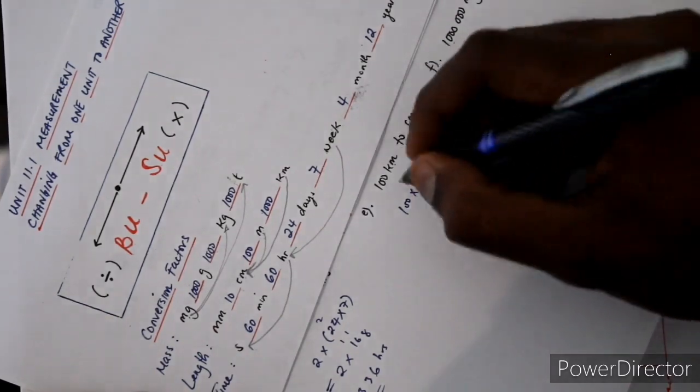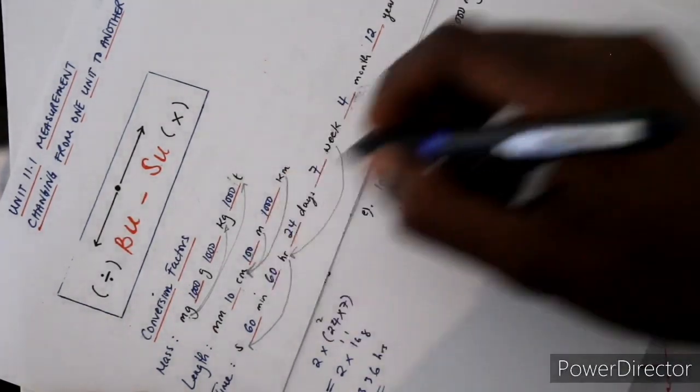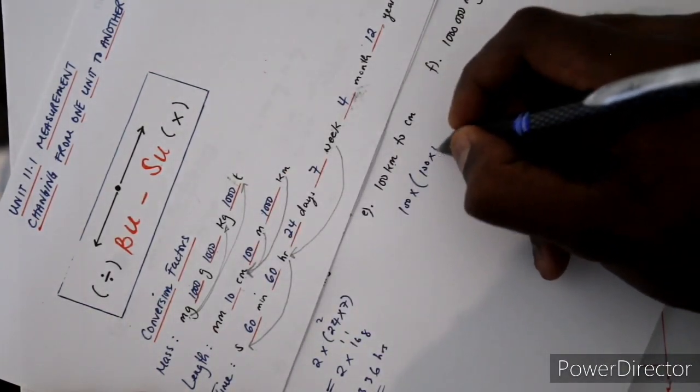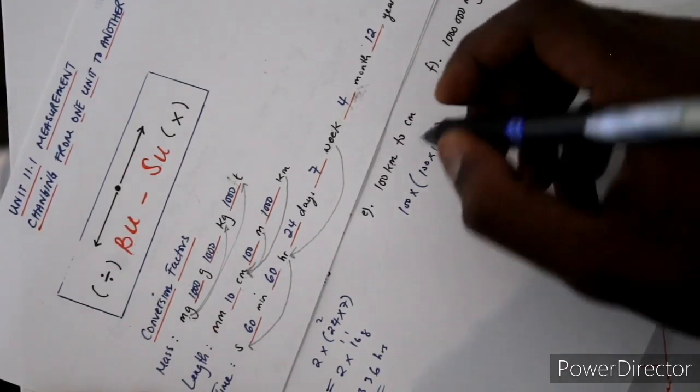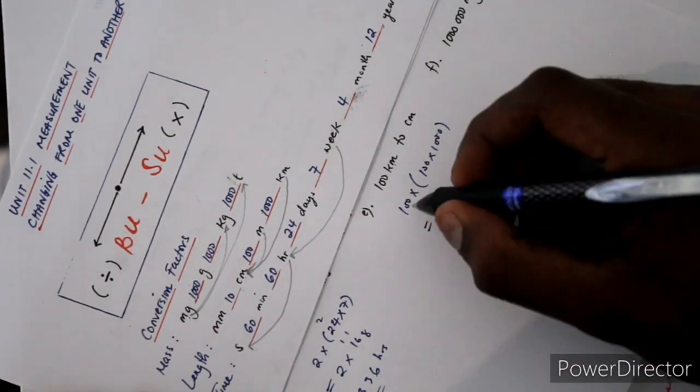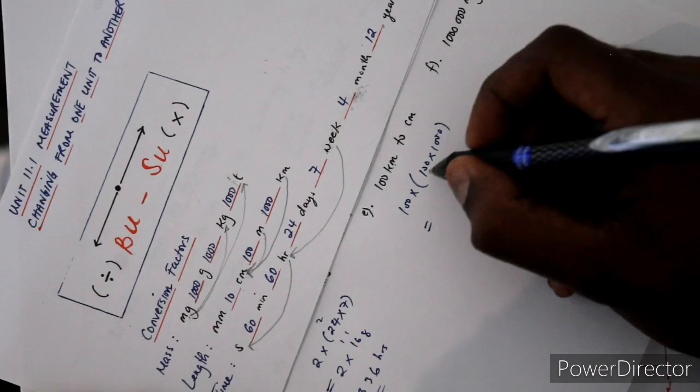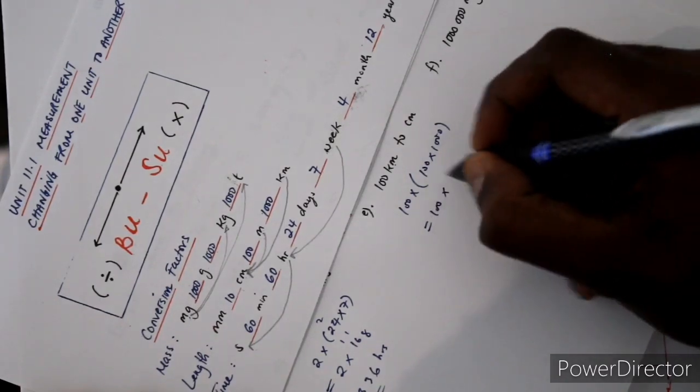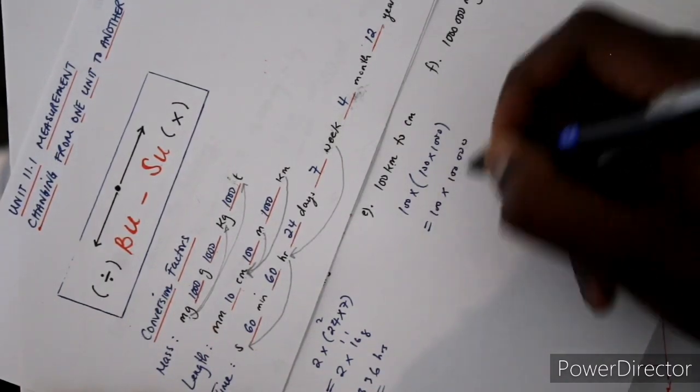So you should have 100 times bracket, our factor there is 100 times 1000. You should see that we have 100 multiplied by 100,000.